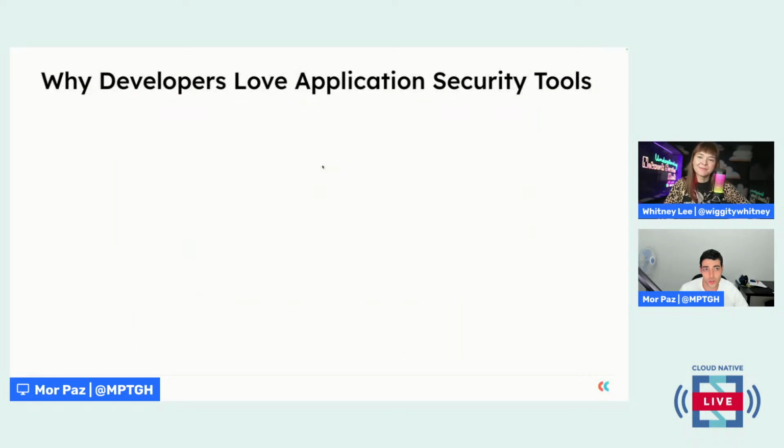So why do developers love application security tools? As you know, with the world of open source projects and very vibrant frameworks such as Python and Node.js and Go, we have a lot of new packages coming out every day. We had a lot of packages getting updated all the time, and that means that these packages and these package versions have a lot of new vulnerabilities, which no one's at fault for.